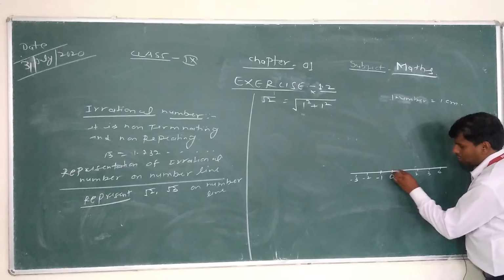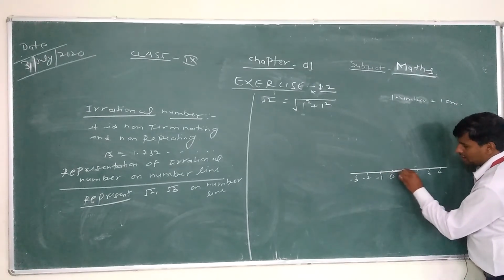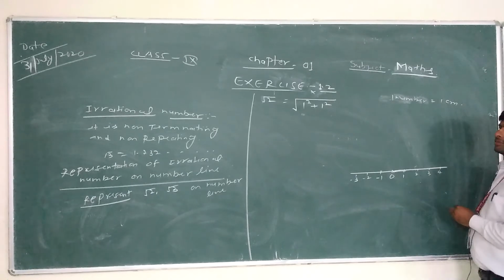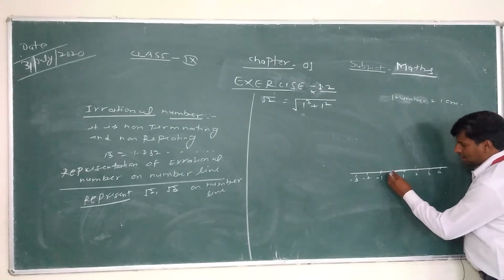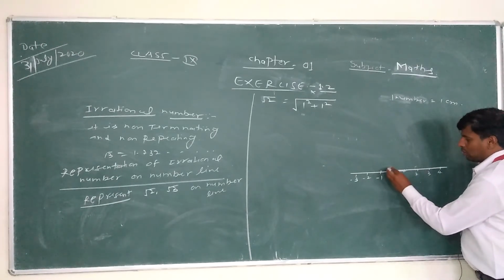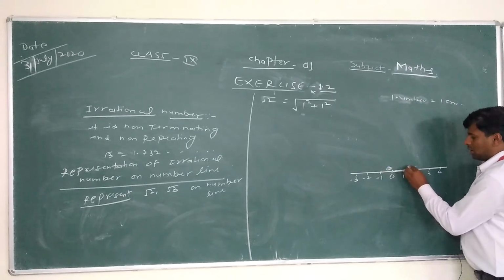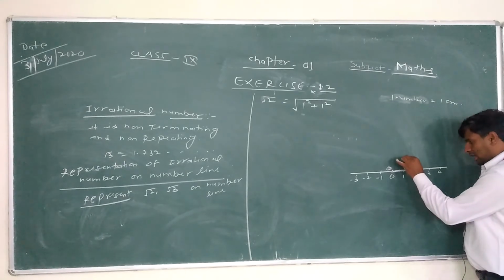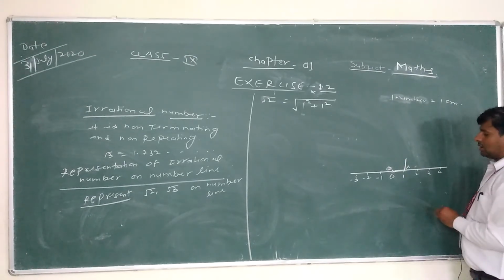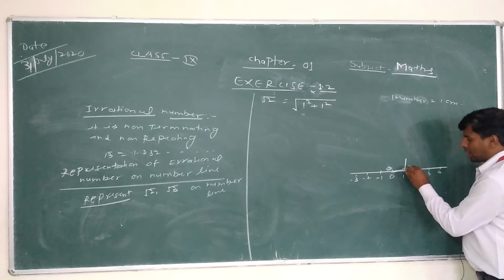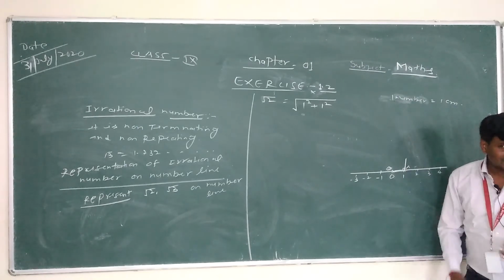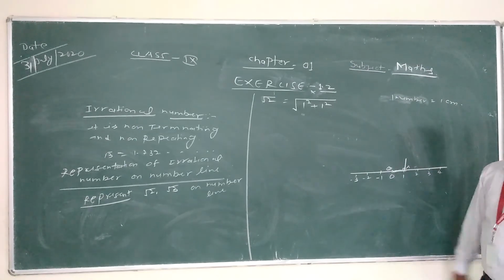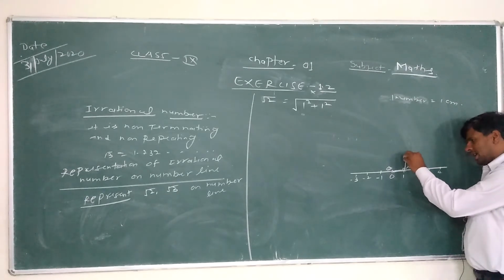Initially, you can draw 1 centimeter line. Then this point be O, this point be A. Then draw a line of 1 centimeter, perpendicular at point A. Perpendicular means it makes a 90-degree angle. That is 1 centimeter.